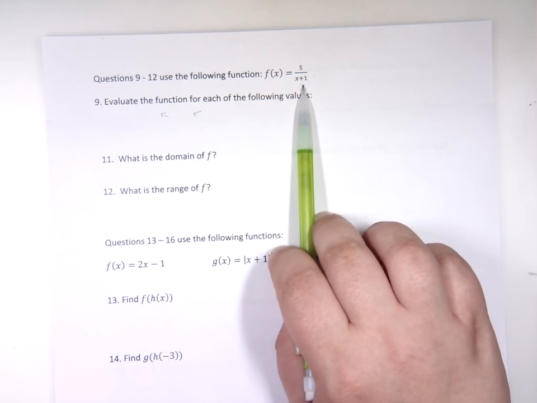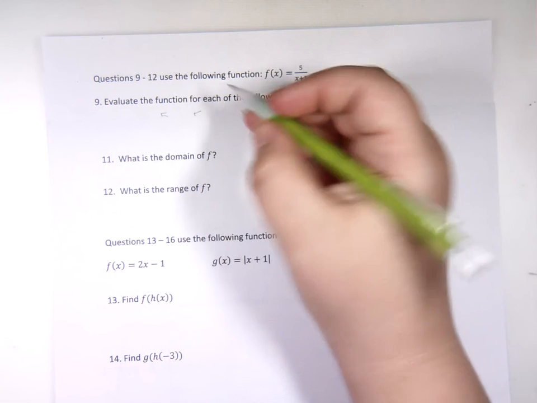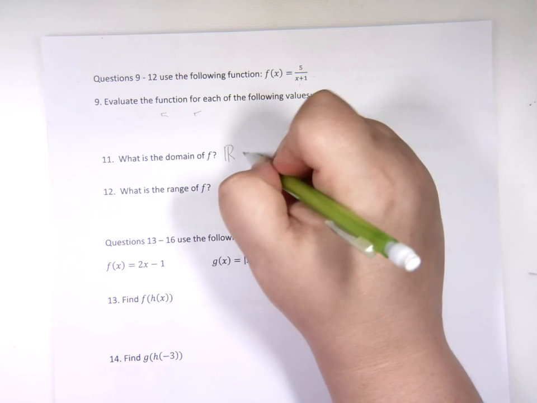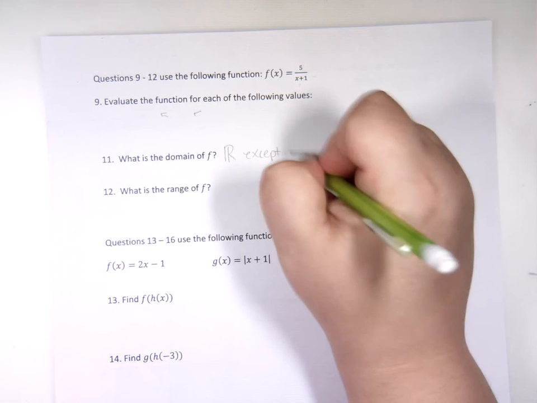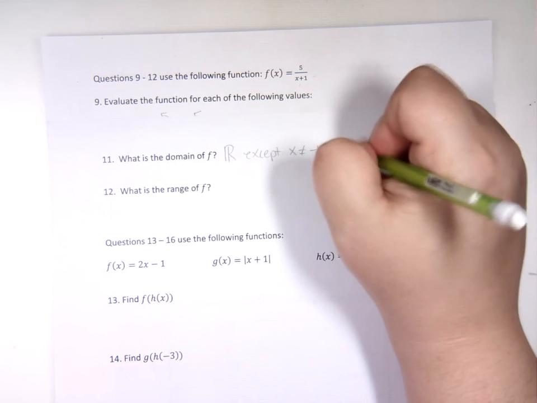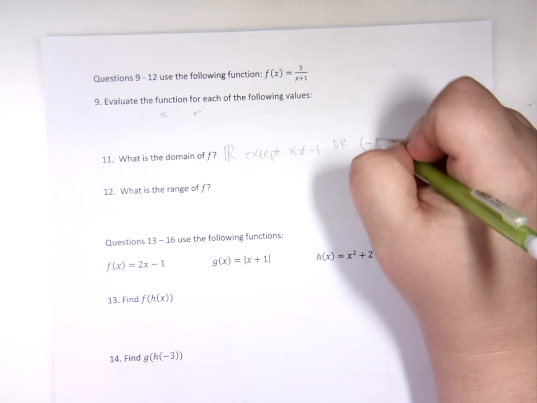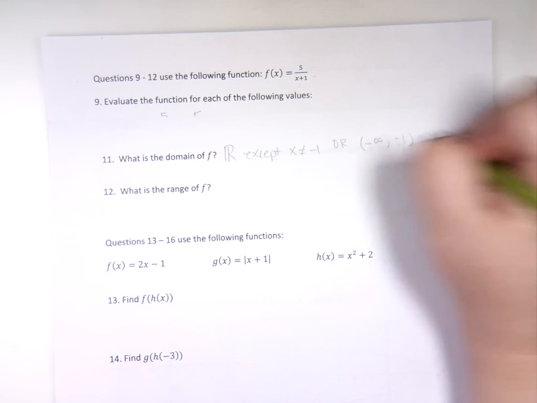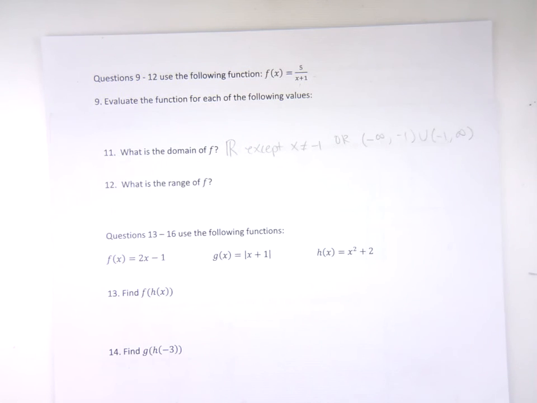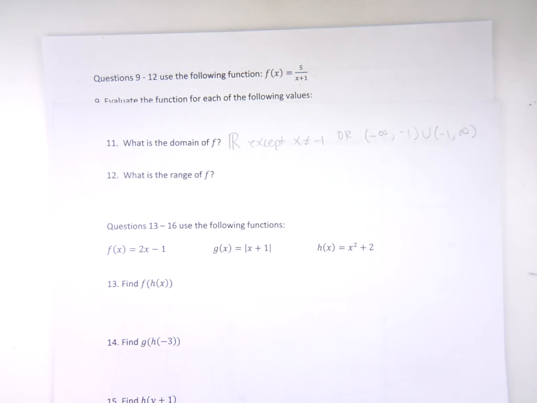So basically pretty much everywhere except x equals negative 1. So we could say all real numbers except x is not equal to negative 1. Or we could write it as negative infinity to negative 1 union negative 1 to infinity. Anything that conveys the idea that you know what you're talking about is fine by me.